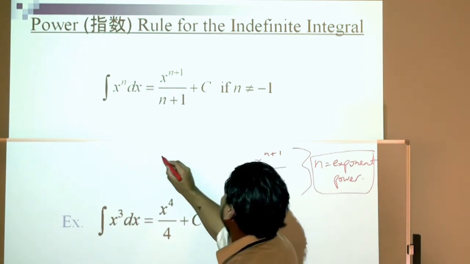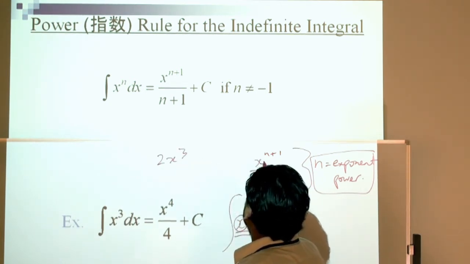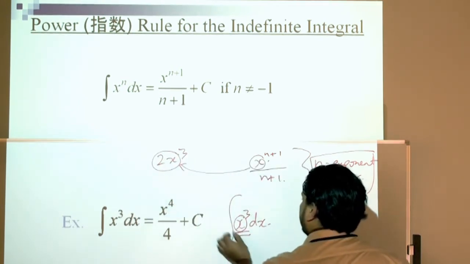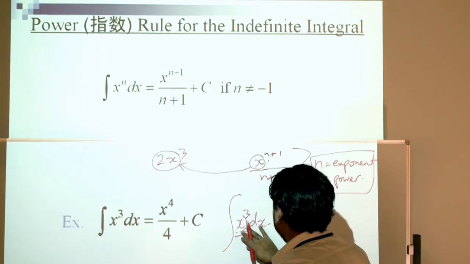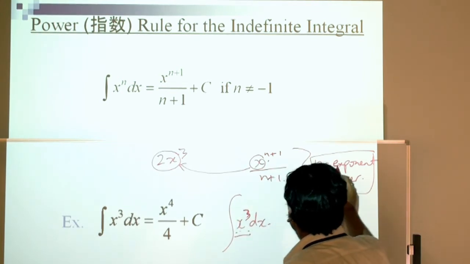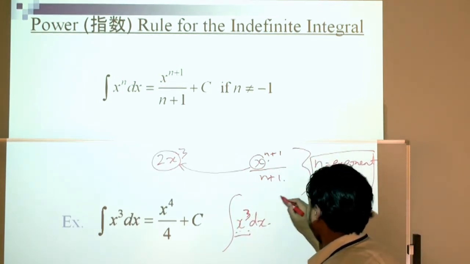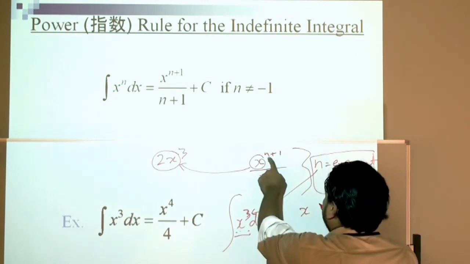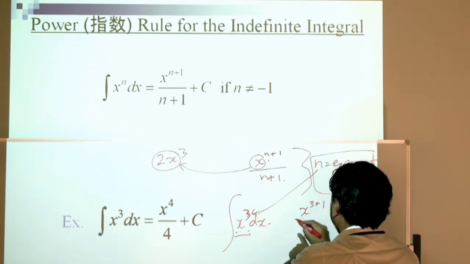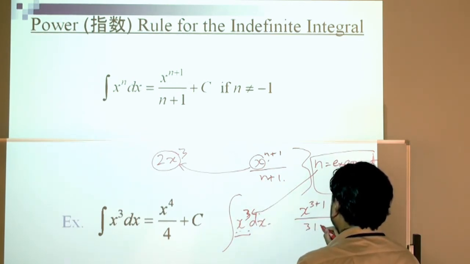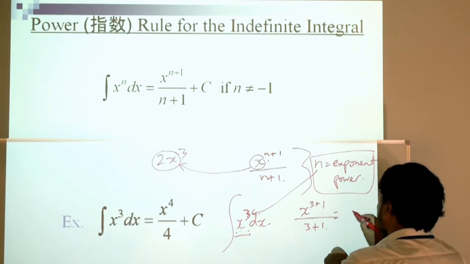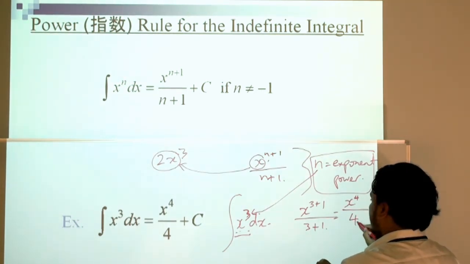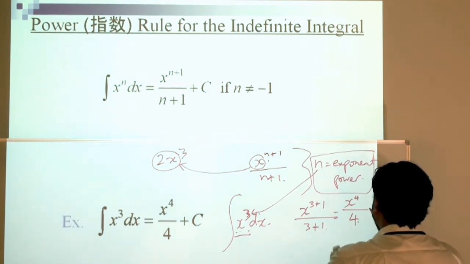So if this was 2x cubed, this x would be the whole 2x term. Go back to our x cubed. Let's use this formula. n is 3. So x to the n plus 1, 3 plus 1, over n plus 1, 3 plus 1, equals x to the power of 4 over 4. Oh, don't forget to add the c, the constant.